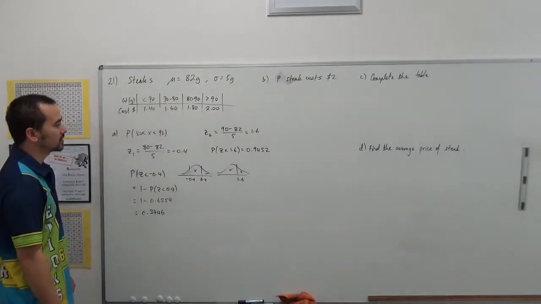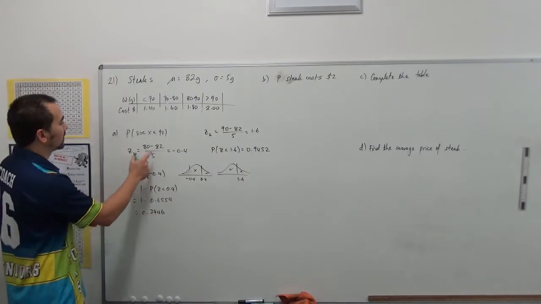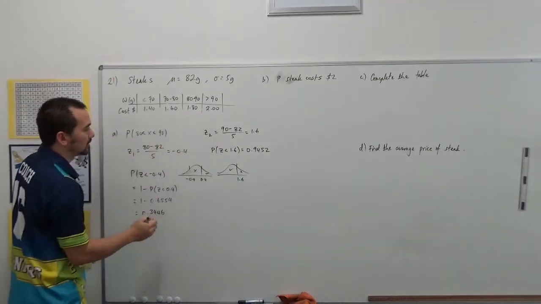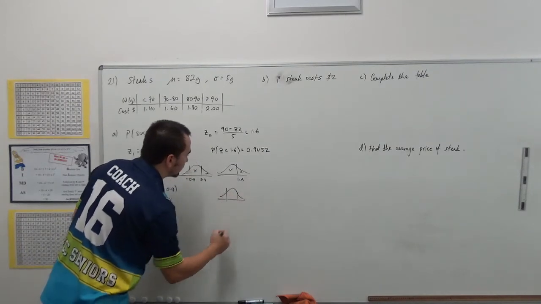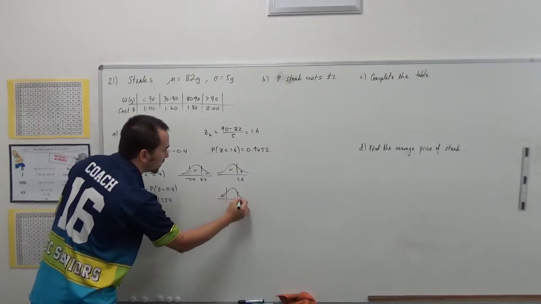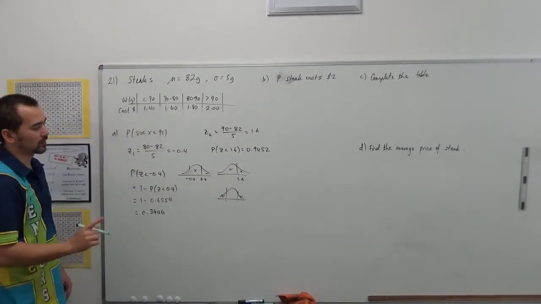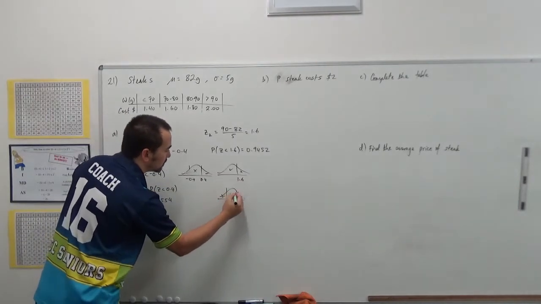Okay, excellent. So that means the region in between 80 and 90 is going to be all of this, but subtract that area.